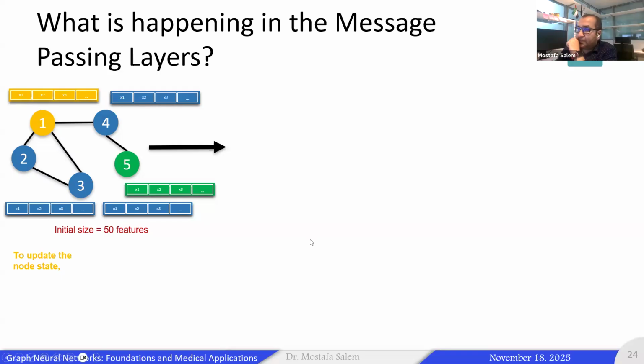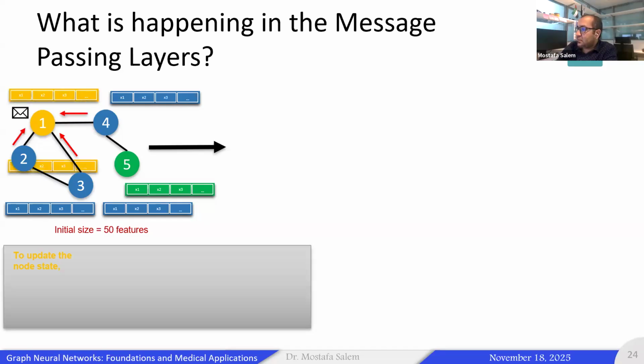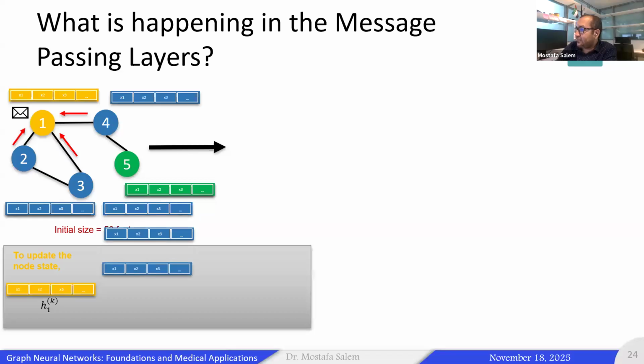To update the state of node number one, we will collect the information of the direct neighbors, which means we perform what's called message passing. So we will have the current node state and the direct neighbors' states.